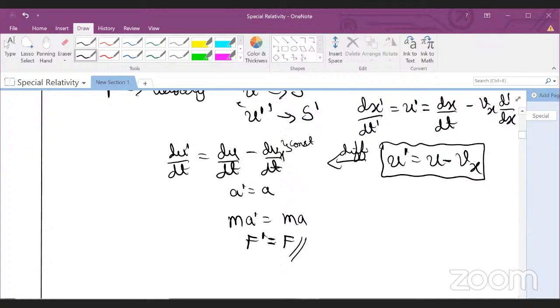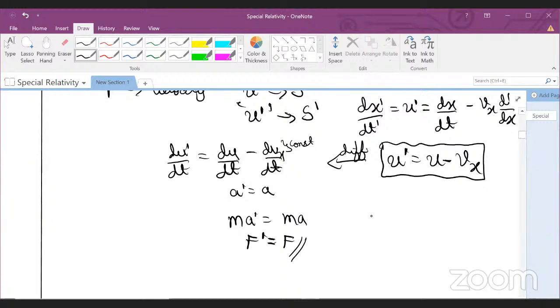So both the observers will feel the particle to have the same force, m into its acceleration. I mean, both the forces are equal in both the coordinate systems.